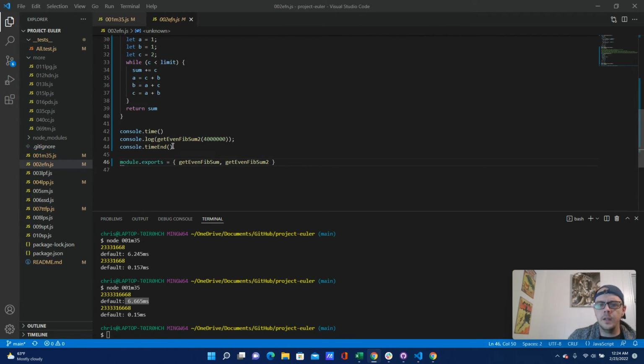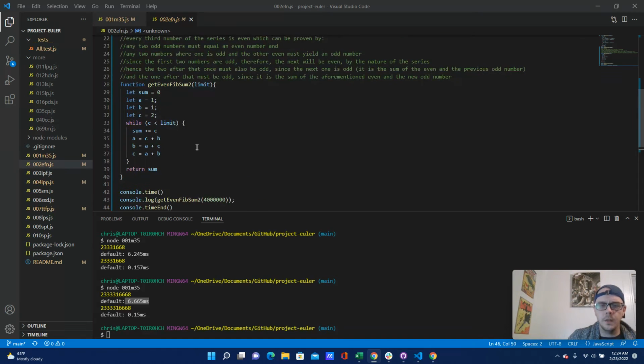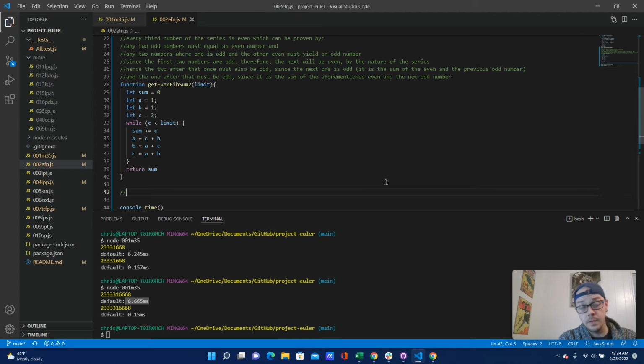It may not be obvious, but the Fibonacci series alternates odd, odd, even, odd, odd, even, odd, odd, even. And we can actually provide, more or less, a rough proof for this, and it's in the comments above.